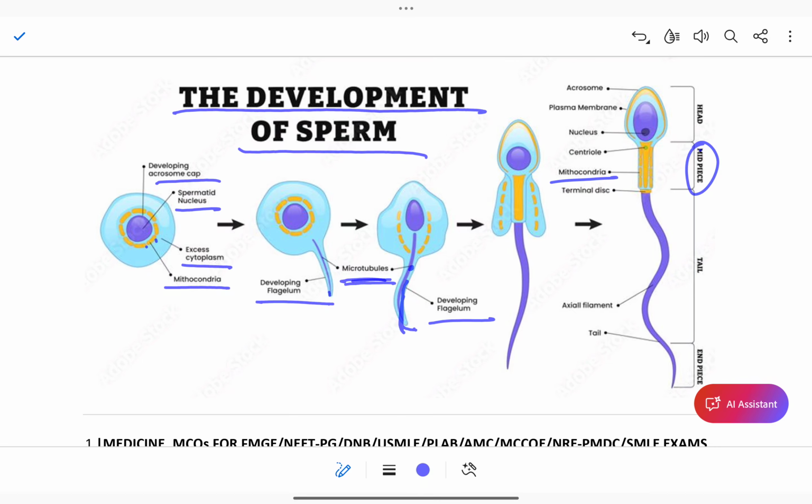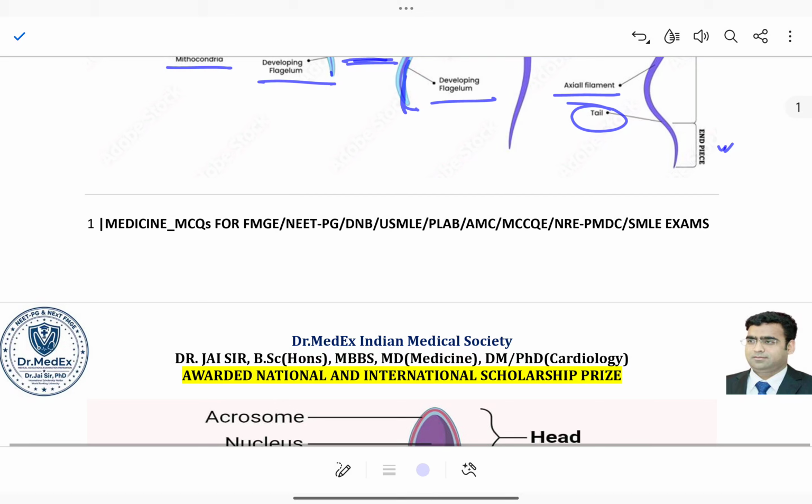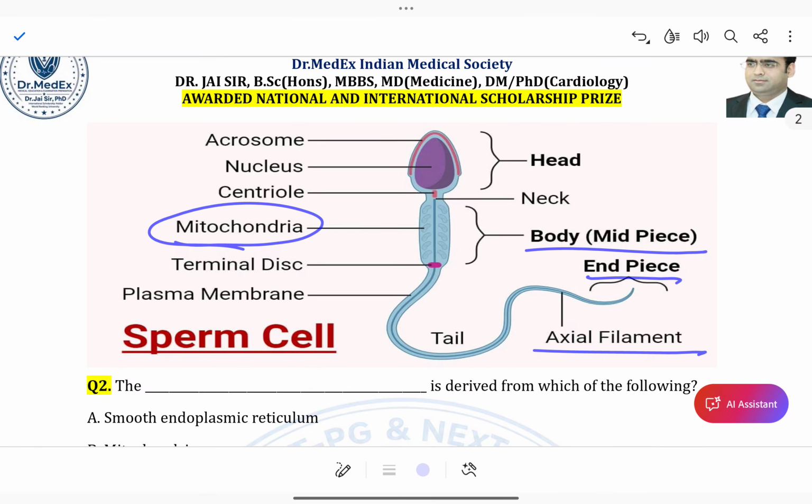Come here again, see here the head, midpiece, tail, and this is called end piece. Axial filaments, mitochondria, again see here mitochondria in the midpiece. Here you can see the acrosome in the head piece and mitochondria again in the body or midpiece.